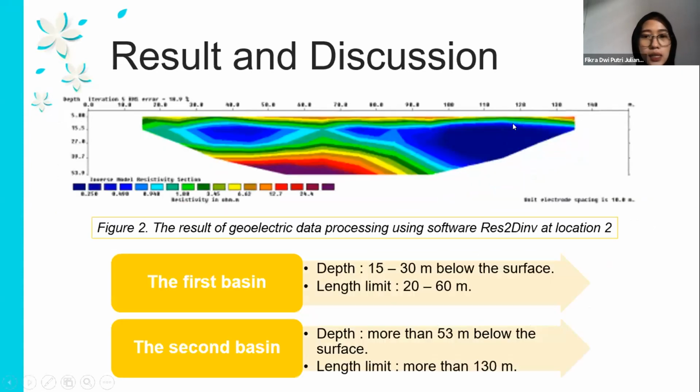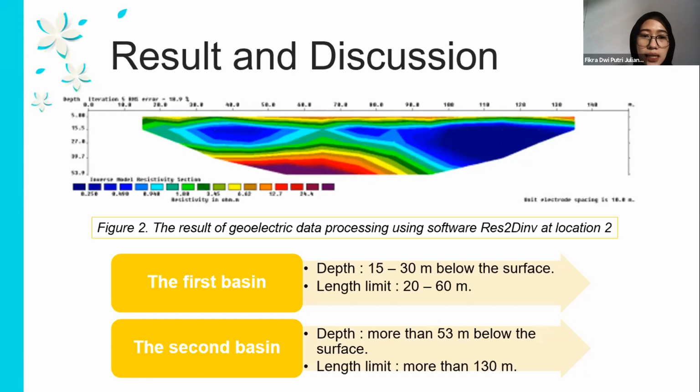The next is location 2. The first basin has a depth between 15 and 30 meters below the surface, and the length limit is 20 to 60 meters.